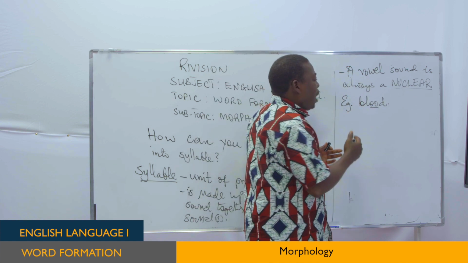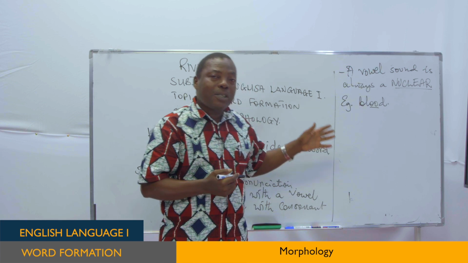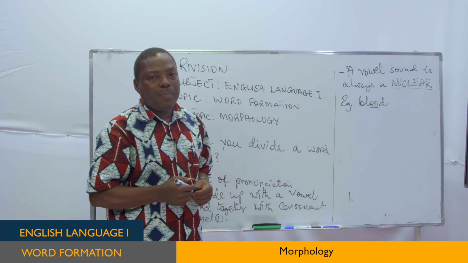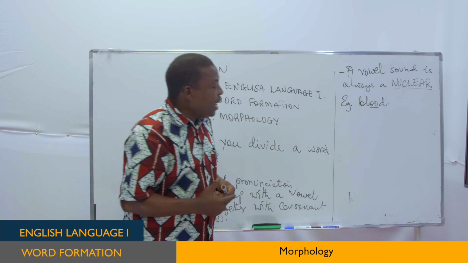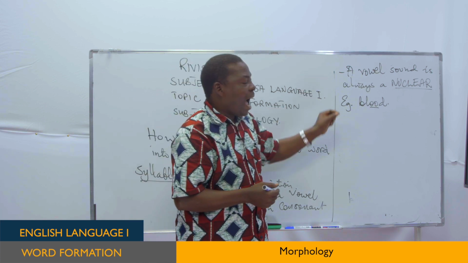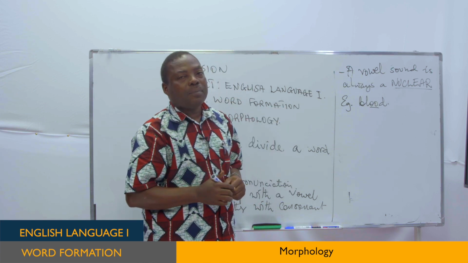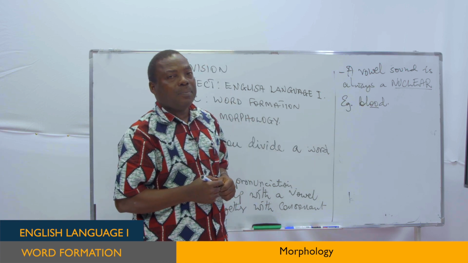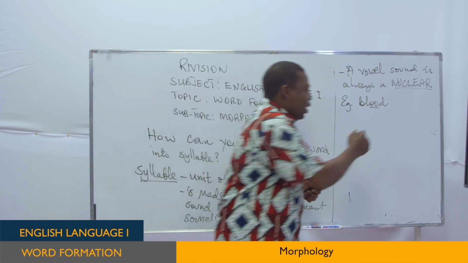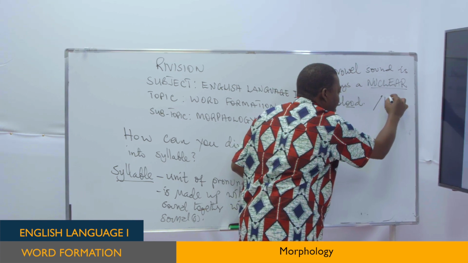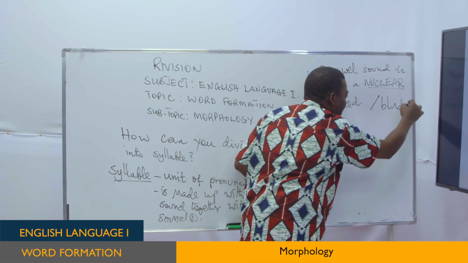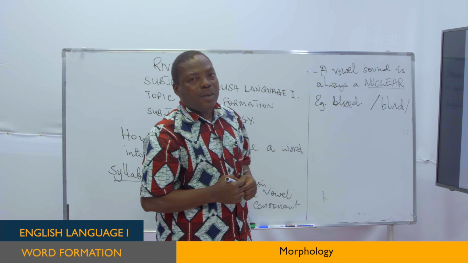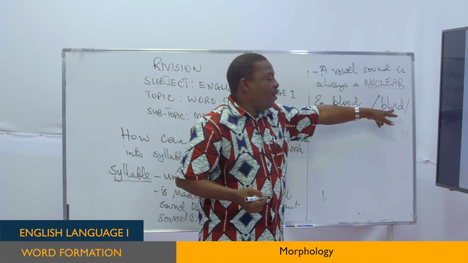But if I ask myself how many syllables the word has, I will end up saying the word has one syllable, despite having two vowel letters. If I pronounce this, it will read like this, blood. So you have only one vowel sound.